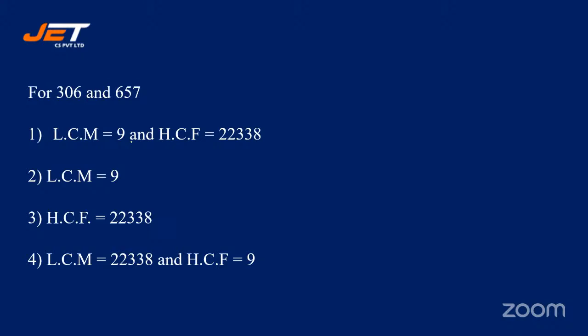For 306 and 657, the LCM is 9 and HCF is 22,338, or the LCM is 22,338 and HCF is 9. We just need to work out 306 and 657.